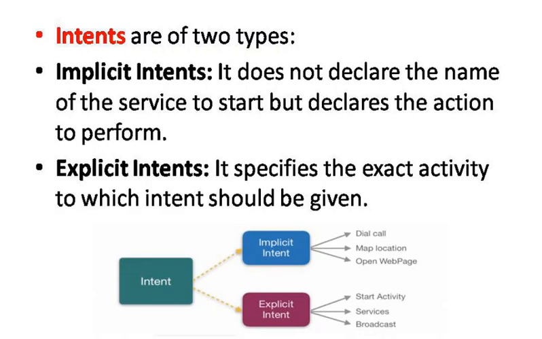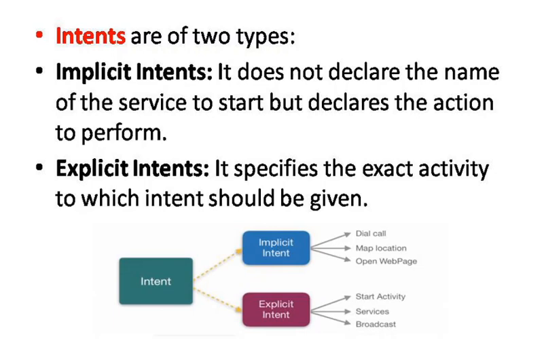Next comes one of the important components, that is intent. Android intents can be classified into 2 types: implicit intent and explicit intent. With an implicit intent, we do not declare the name of the service, but declare the action to perform.